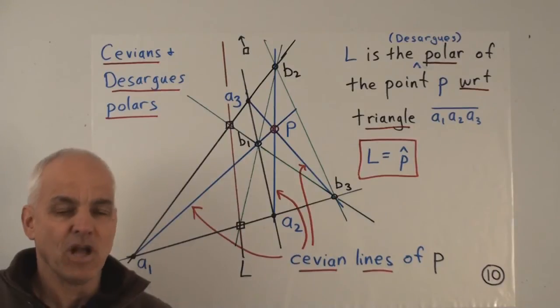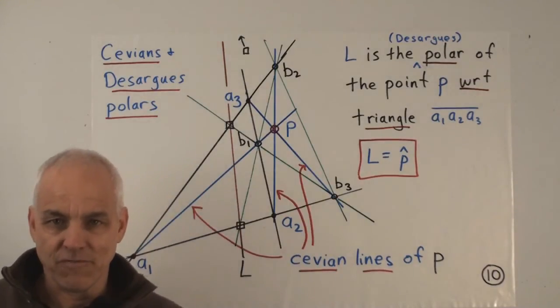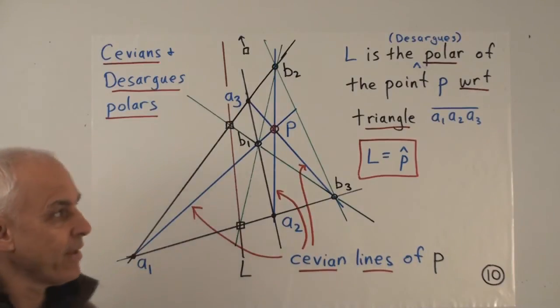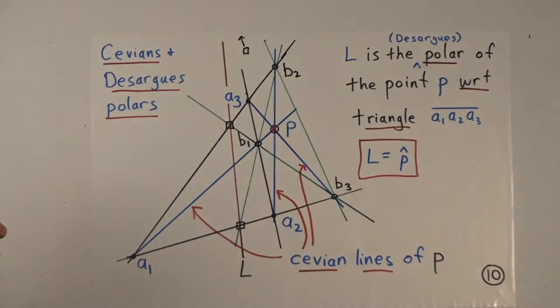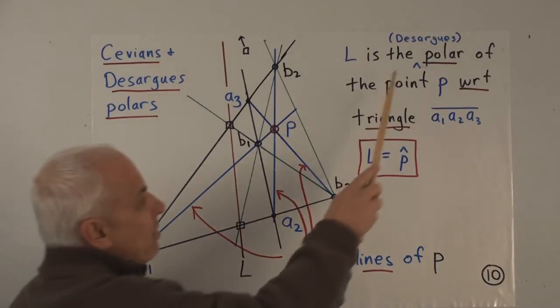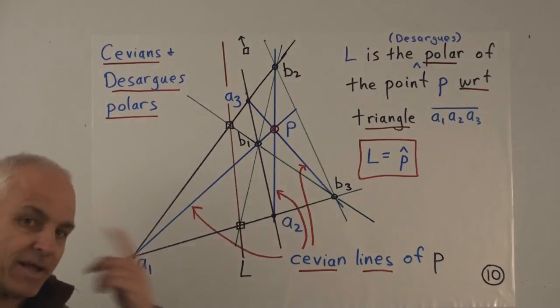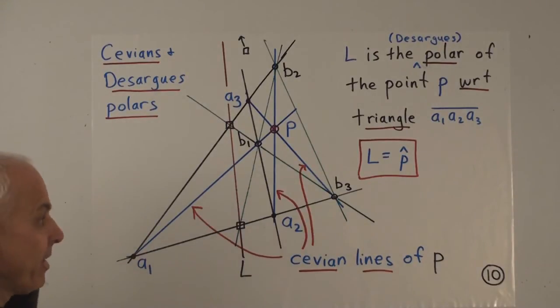It's not quite as nice as Apollonius's notion of polar, but it's still quite useful in triangle geometry. Sometimes if we want to make it clear that we're talking about this kind of polarity, we'll talk about the Desargues polar of the point P, reminding us that it's really Desargues' theorem that's responsible for it.